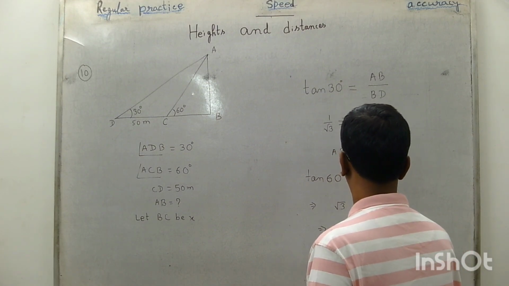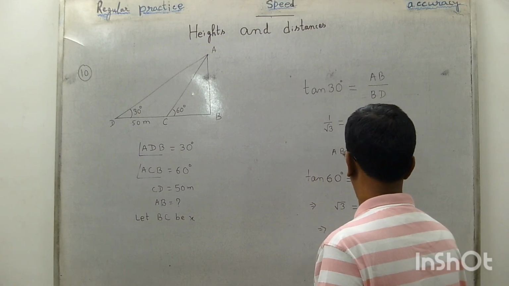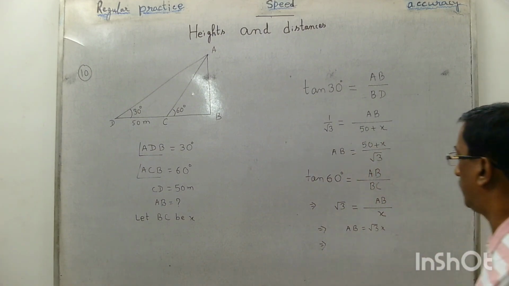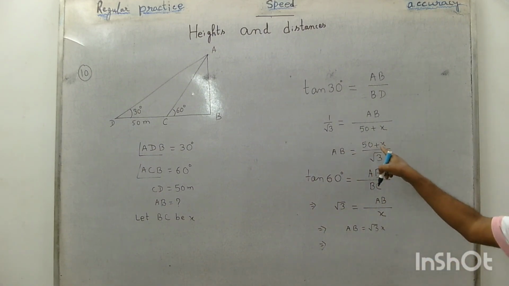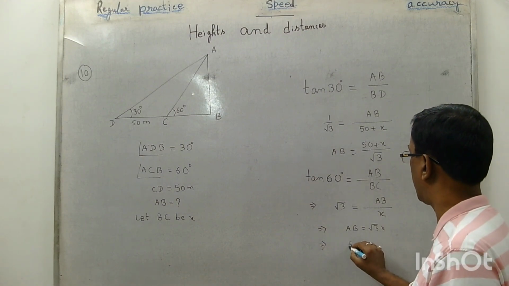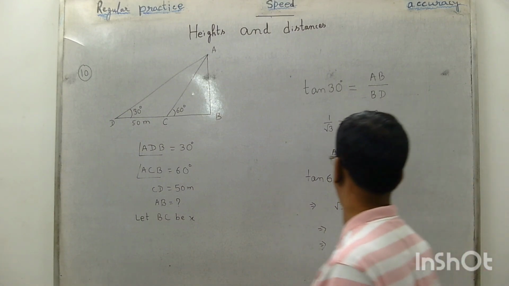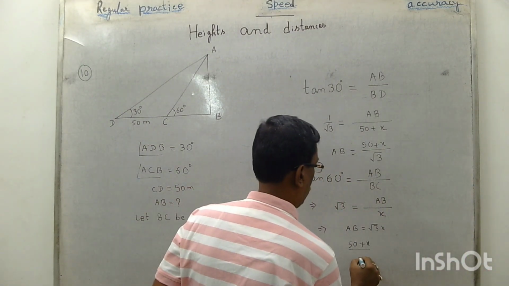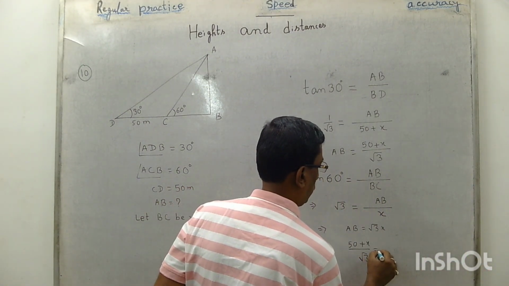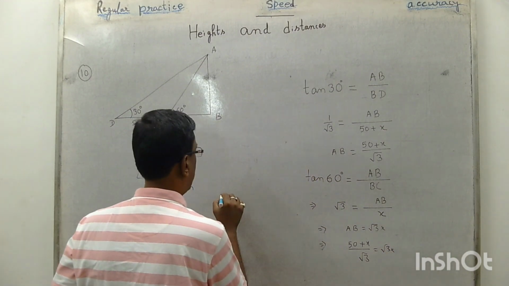So AB equals root 3x. We write the value of AB. 50 plus x by root 3 equals root 3x.